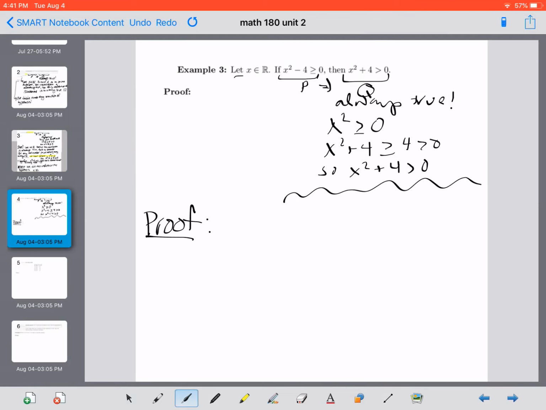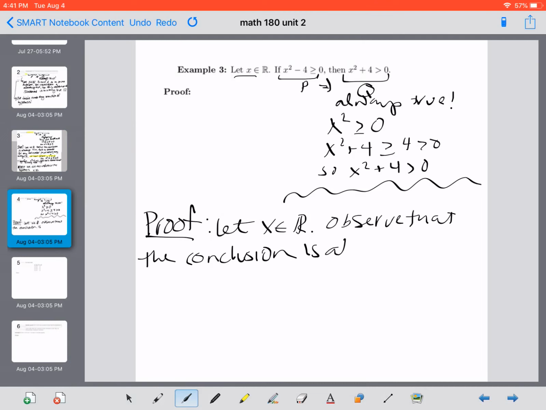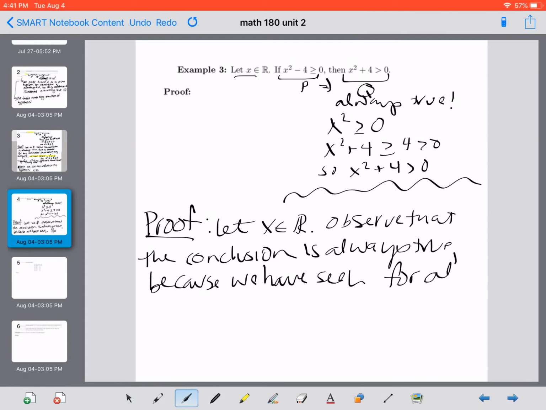Start off with the assumption that x be an element of the real numbers. Observe that the conclusion is always true. And that's because we have seen that for all real numbers x, we have x squared is greater than or equal to 0.